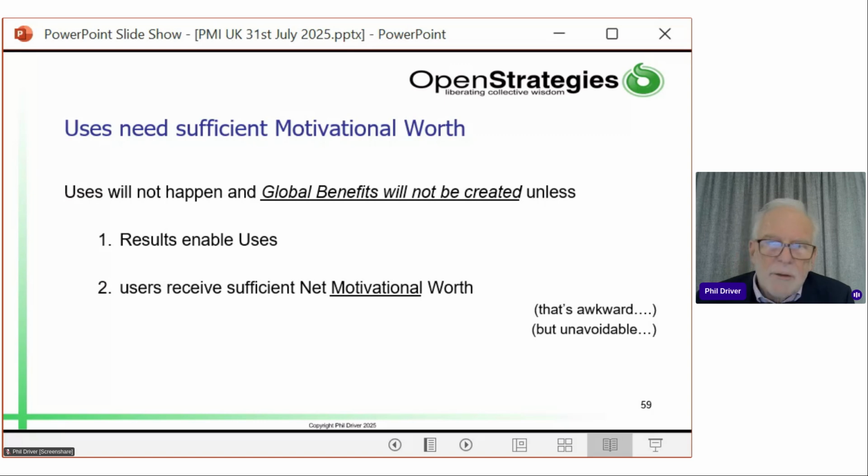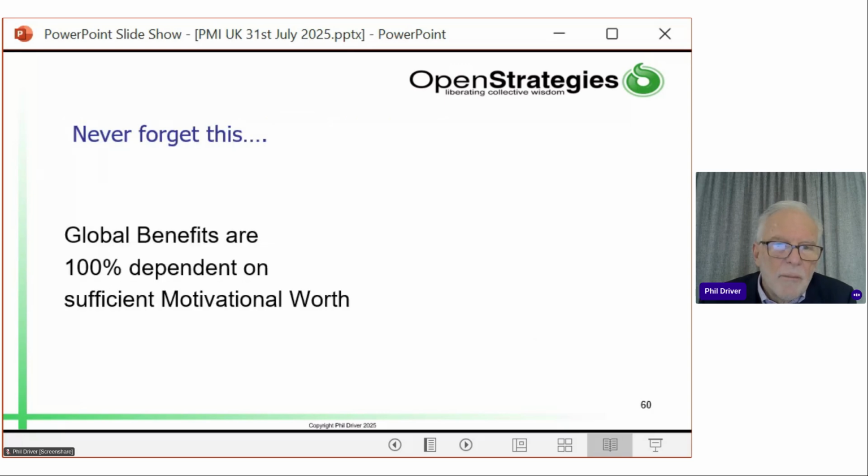So somehow, as project managers, if we want to make sure benefits happen, we have to make sure the users are enabled and motivated. And there's a limit to how much we can influence those things.